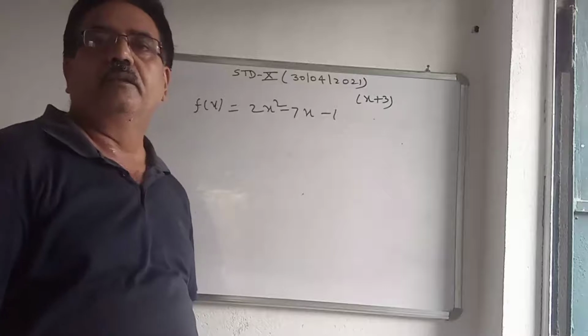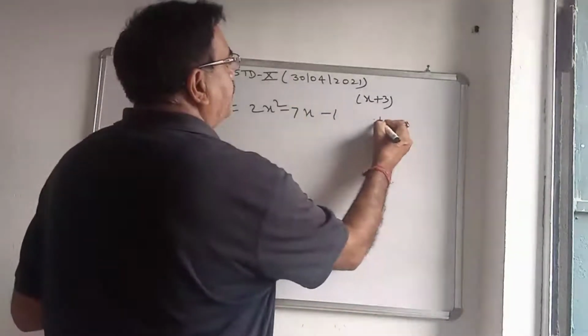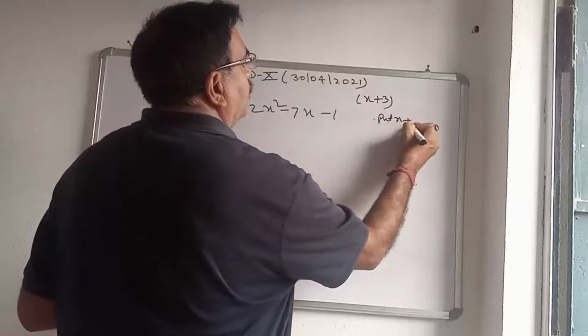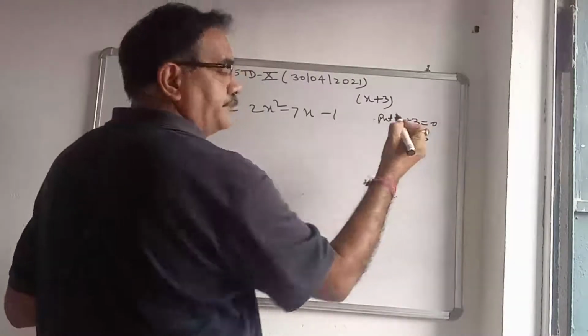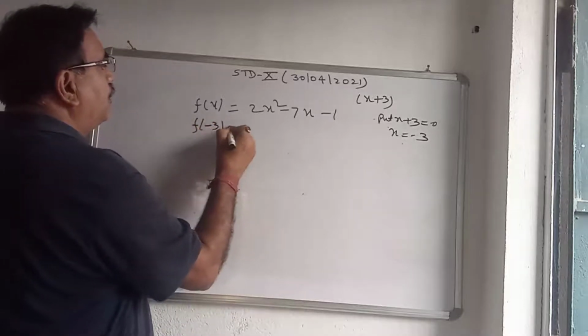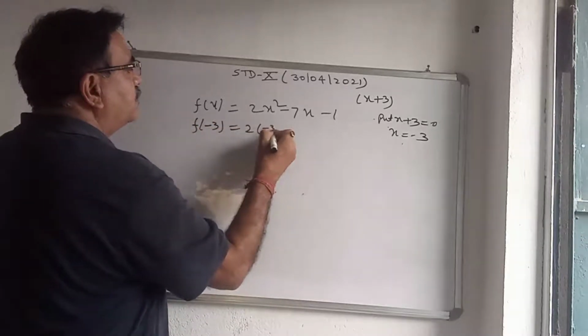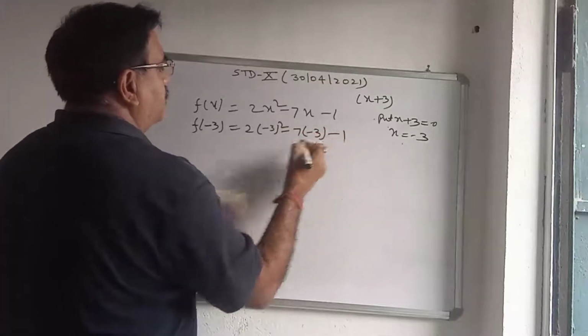Now listen, what do you have to do in this process? Put x plus 3 equal to 0, which means x is equal to minus 3. Write f(minus 3) equals 2 times minus 3 squared minus 7 times minus 3 minus 1.